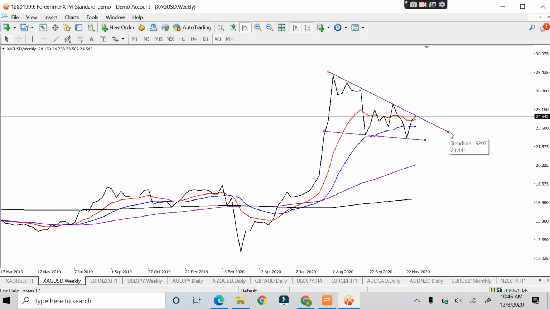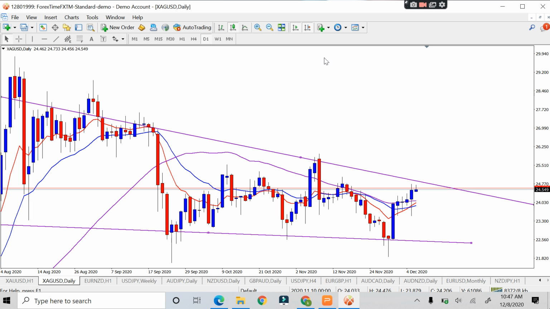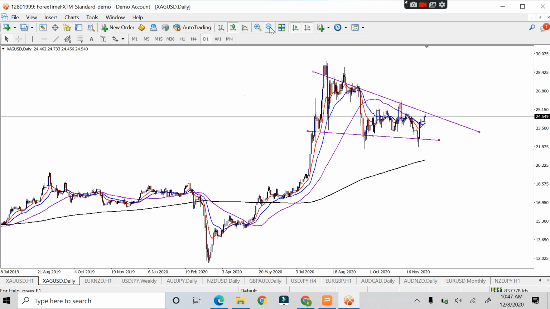My descending triangle, anyone I pick, they're still looking at the uptrend continuation. On the daily, let's go back to our candlestick. If I minimize, you can see that the price has hit this point a lot of times.